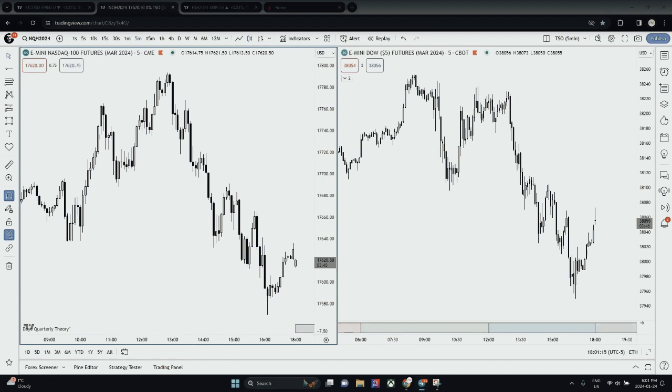Today I will be introducing Sequential SMT. This is a time-based concept, so you need to know the basics of quarterly theory, because that is the framework of what I will be talking about today.